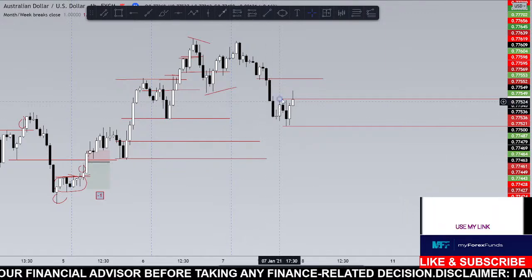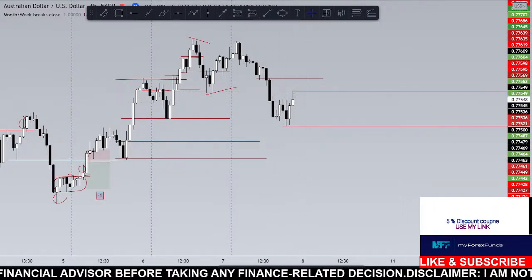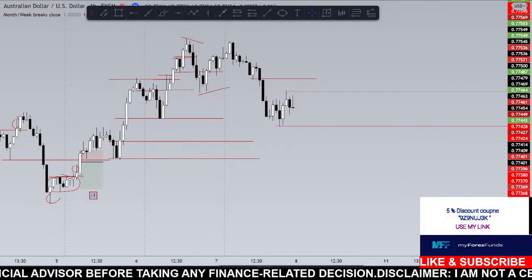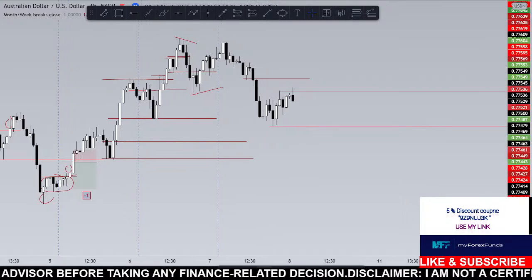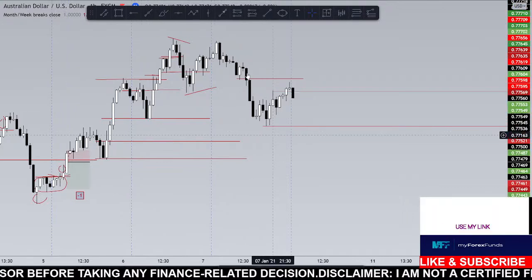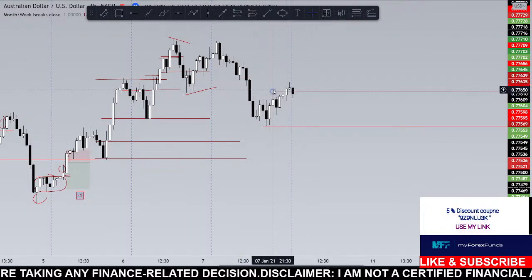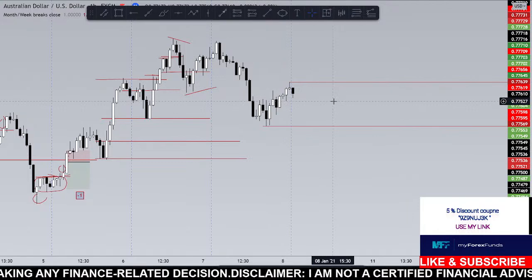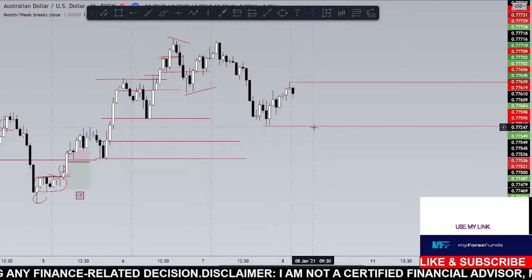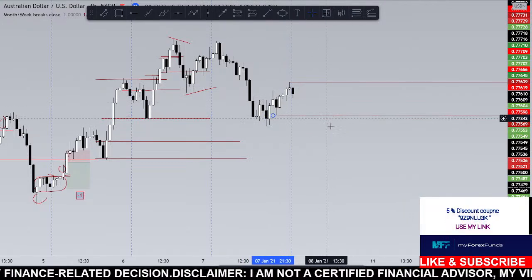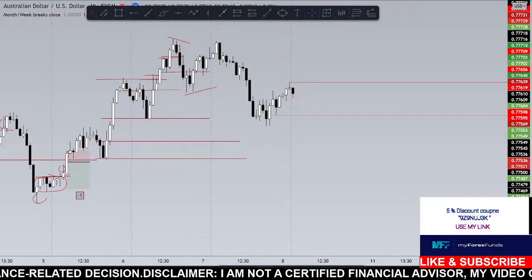Again break the low, retrace, break the high, showing some sort of retracement. Again break the high and retrace, break the high, retrace, break the low, retrace. So this is not the scenario where we want to place our trade.